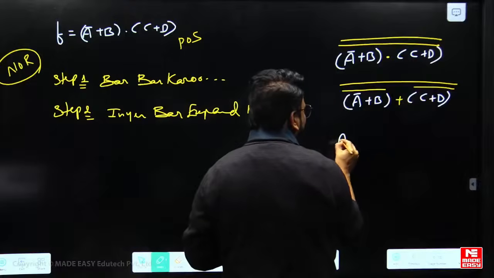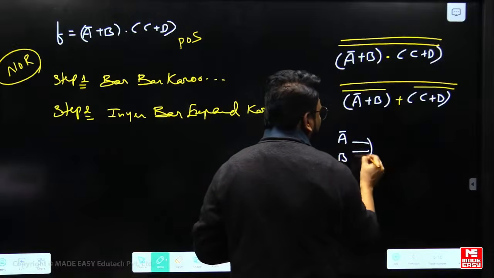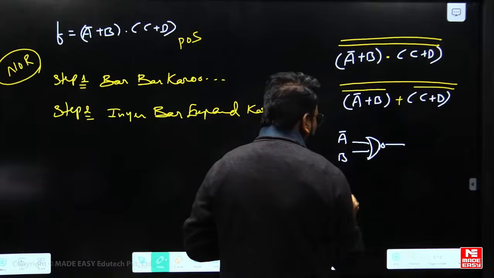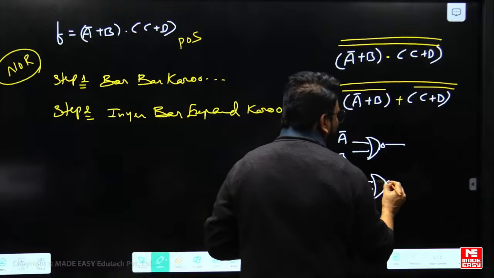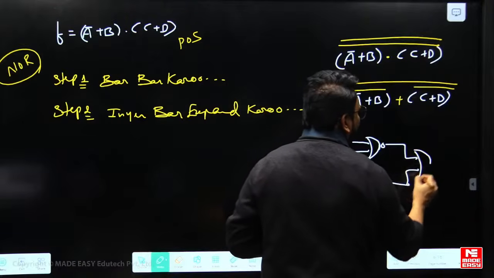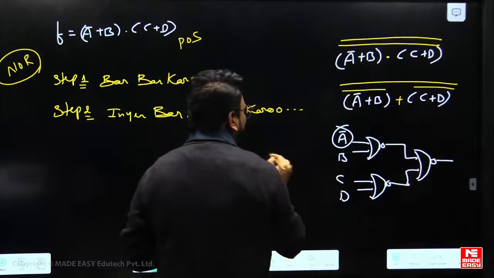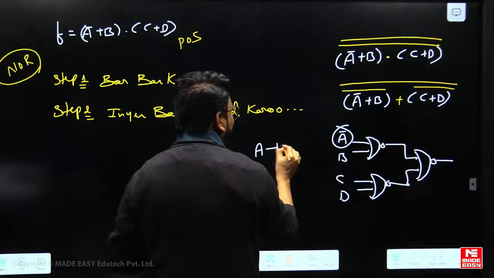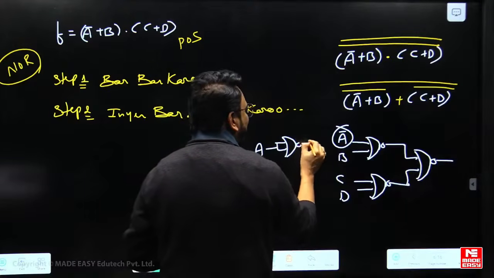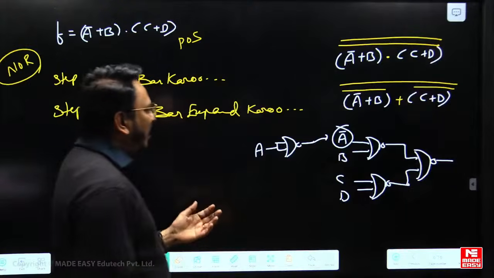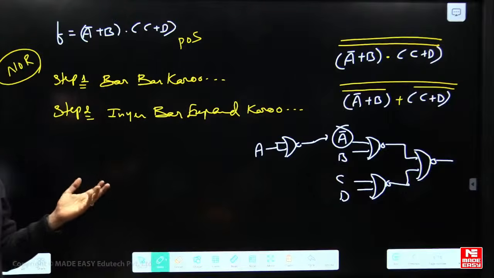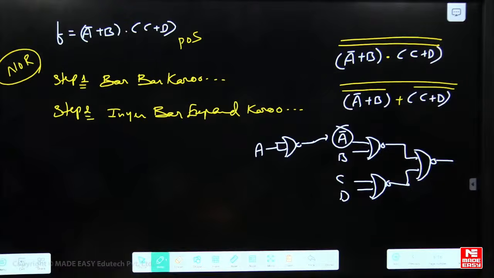The NOR gates are like this: a bar, b are connected to a NOR gate, c, d are connected to a NOR gate, and these two are connected to another NOR gate. But this a bar is there, no? Don't worry, my dear. You connect like this so that this a bar is there. 4 NOR gates. By that we can get it. Got it, all of you?